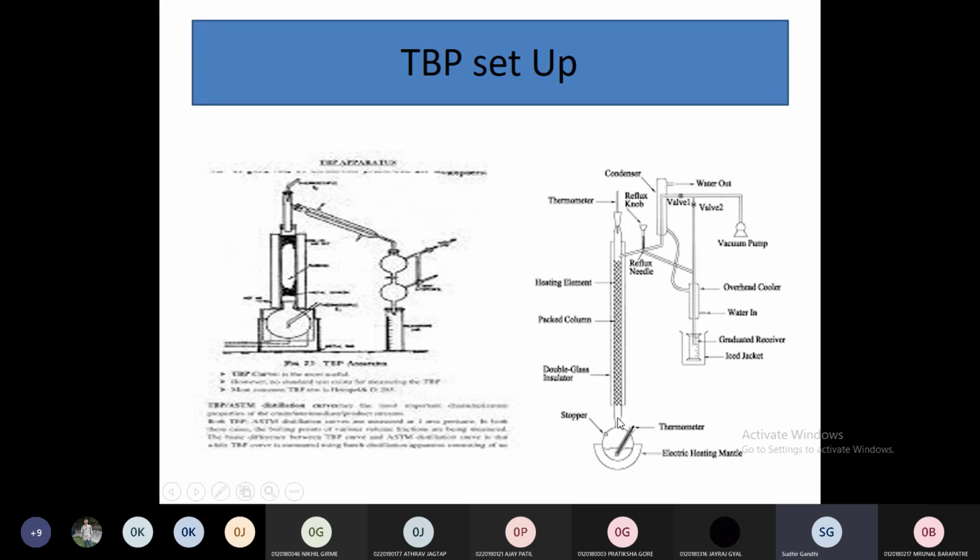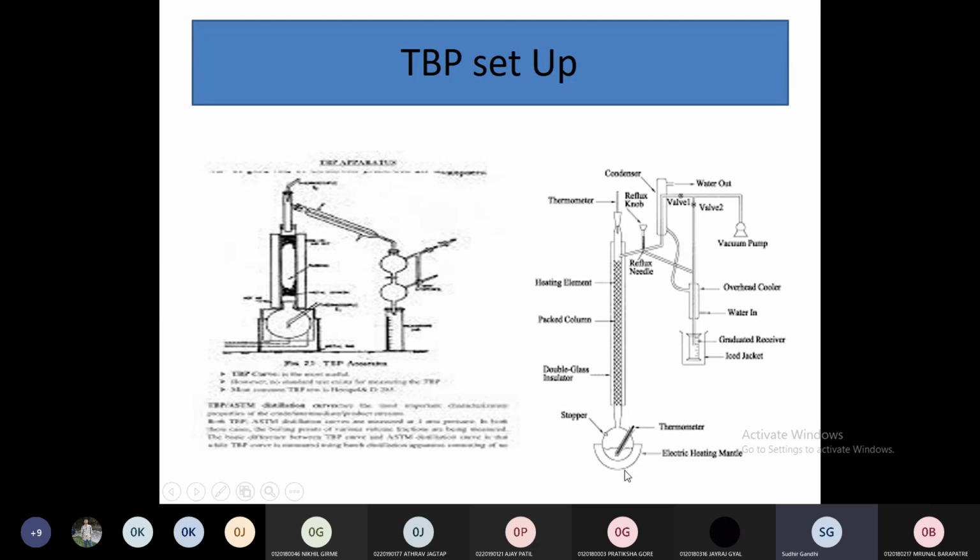There is continuous vaporization and condensation happening across the column length, and it continues till the temperature of the vapor and column reach equilibrium, and then the vapor will rise, and the further condensation and reflux will be done in the column.